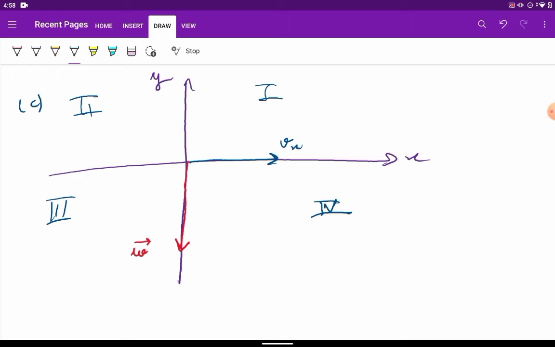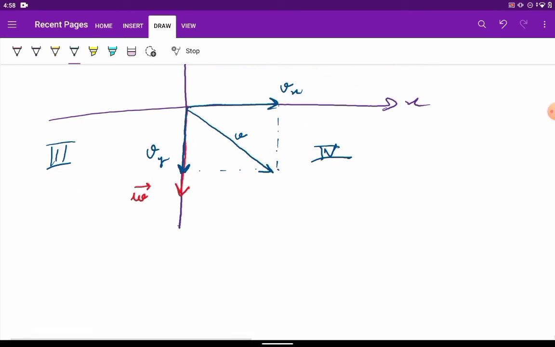Since pi by 4 is acute, it needs to be in the fourth quadrant, which means the y component must be negative.